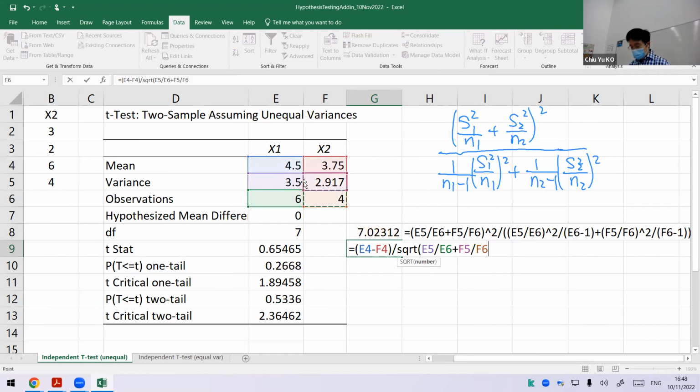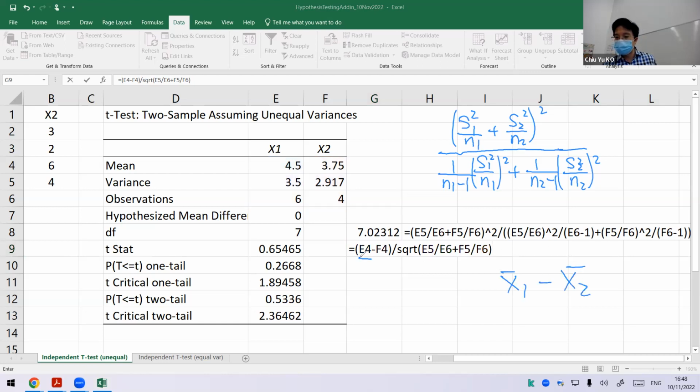Why is this true? The reason is this formula is given by x1 bar minus x2 bar, which is the numerator, and the denominator is just the square root of s1 square over n1 plus s2 square over n2.